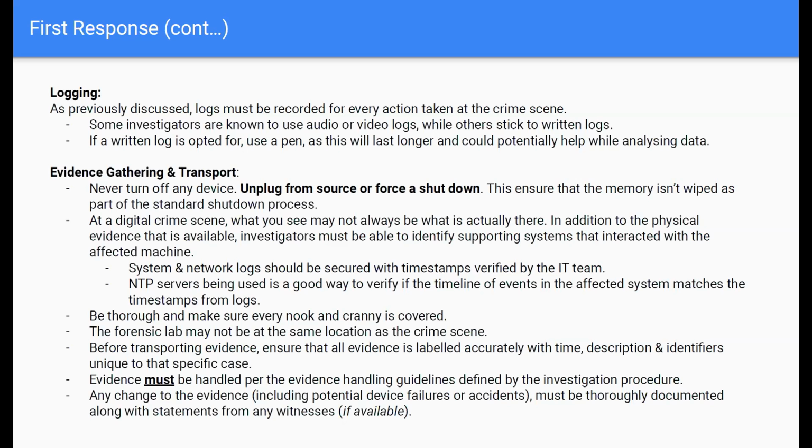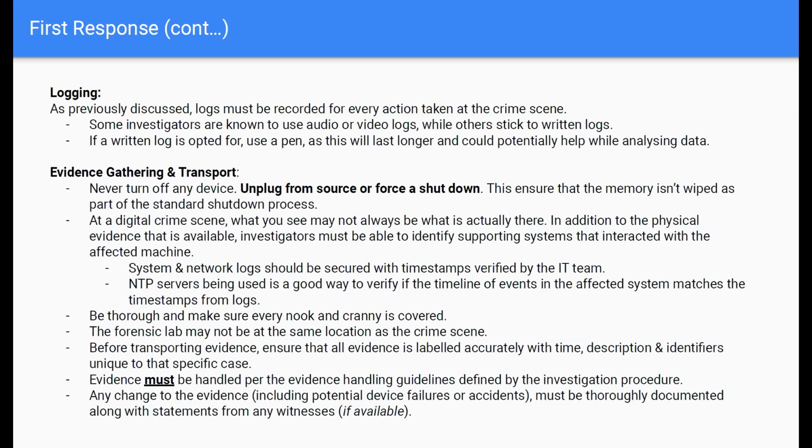Others tend to stick with actual handwritten logs, so have a notepad and write everything down. If they're the lead, they usually have a person to actually take the logs so that they're not missing anything. So that is also one of the roles that is assigned to an investigator.